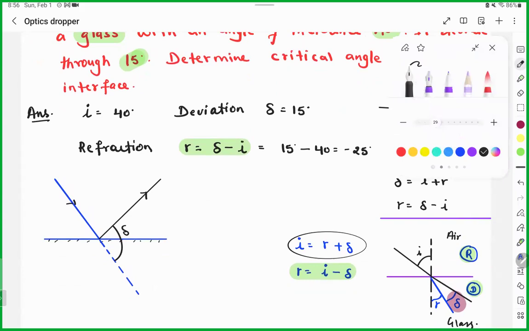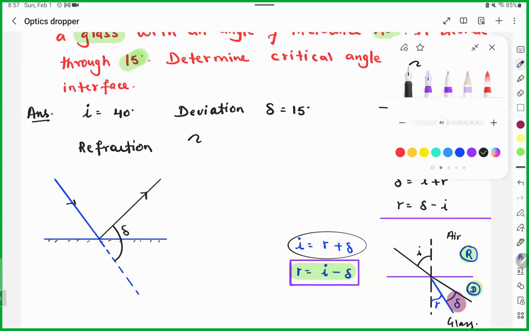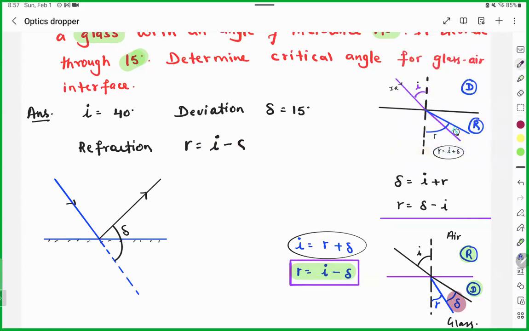You will apply the second formula, and if you apply the second formula, what will be your value? R is equal to I minus D. 40 minus... No, sir, it's 15 minus, because the angle of deviation is 15 and the angle of incidence is 40. Yes, sir, understood. Got it, guys?